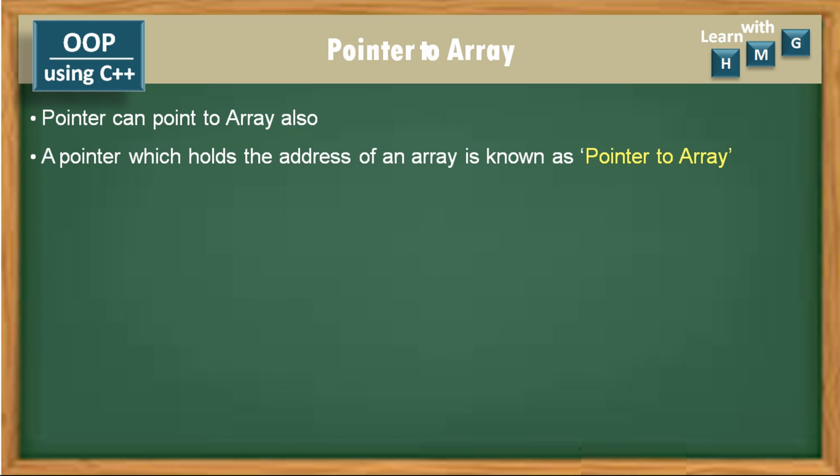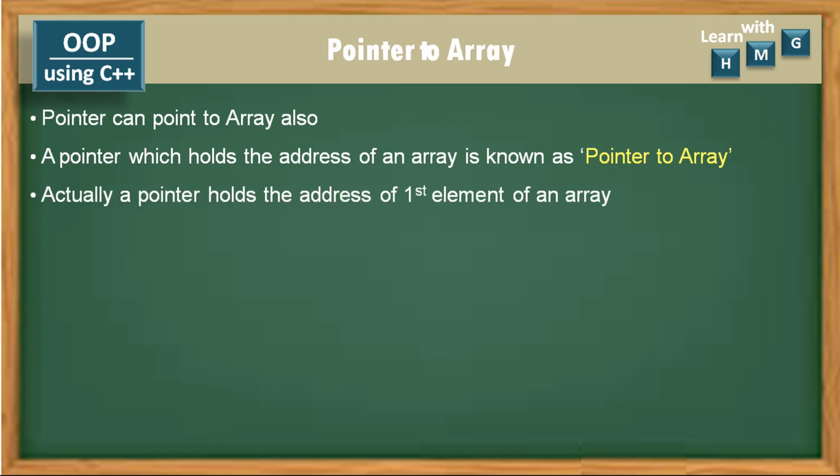So whatever the address of an array, that is assigned to a pointer variable, and like this a pointer will be known as pointer to array. Now this address of array is nothing but actually the address of first element of an array, that is element number 0. So a pointer holds the address of first element of an array instead of entire array.